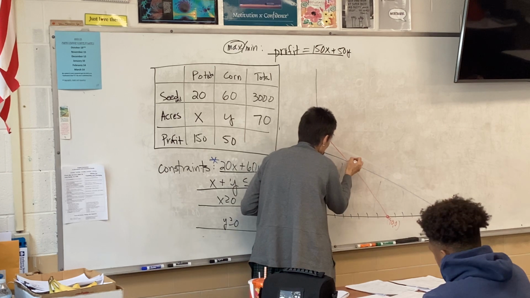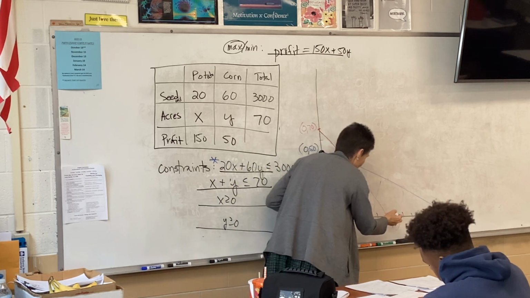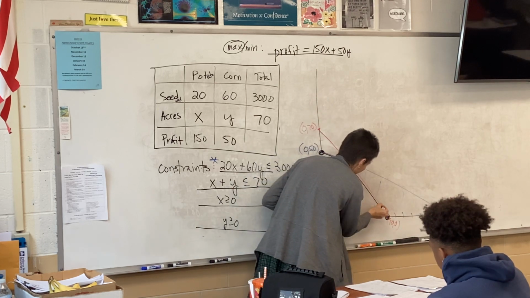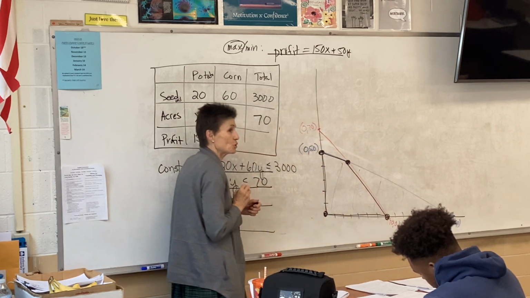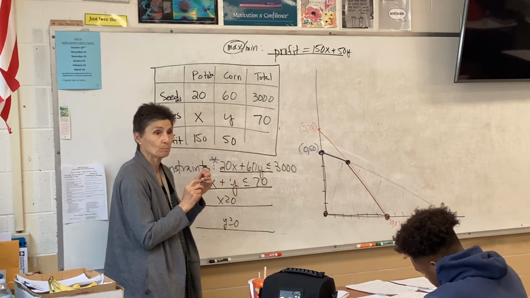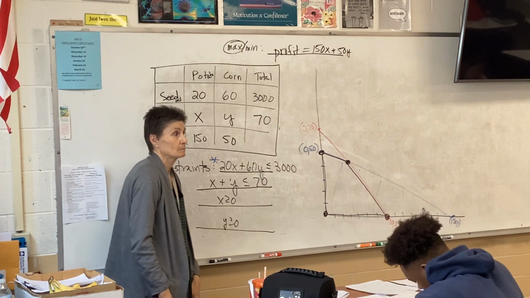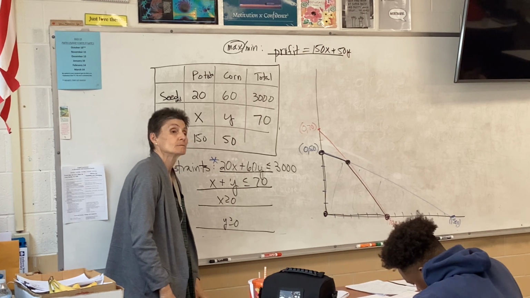I'm going to slow down here so you can catch up. But hopefully on your paper, you have a shape that looks like this. That is shaded red and blue both. Agreed?